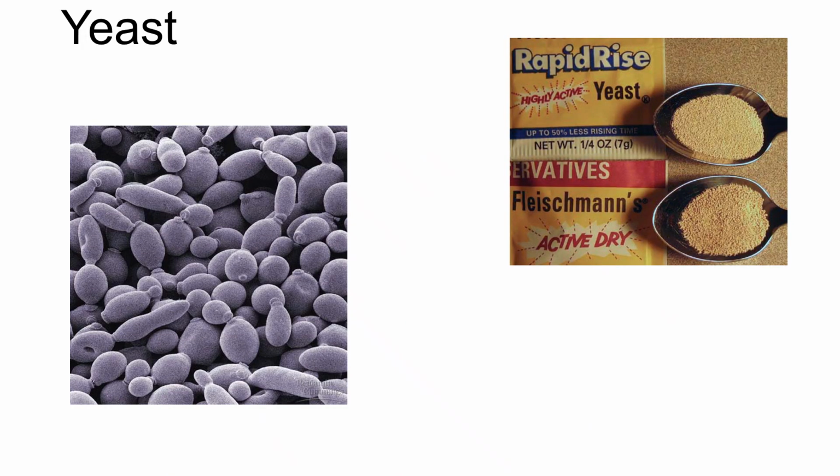I want to take a moment to introduce an organism called yeast. It's actually a fungus, and although there's a big misconception that it's a bacteria, its Latin or scientific name is Saccharomyces cerevisiae. As a fungus, this organism is eukaryotic, and it's got a complex cell with organelles.